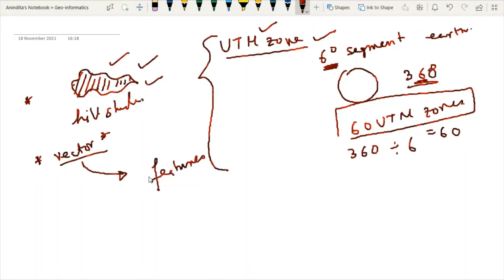Whenever I am talking about vectors, which are also known as features, they represent the world using the concept of lines, points, and polygons. So whenever we are talking about features of some image, we are basically talking about vectors.